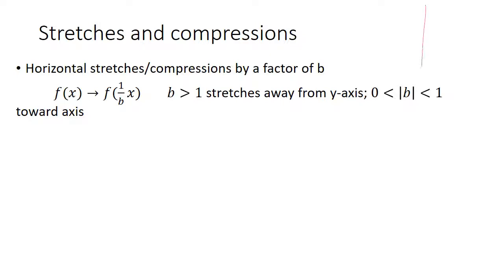So for example, if I had a parabola, and this is linears, but let's do a parabola. If our b was greater than 1, it's going to come out wider. And if our b is less than 1, it's going to come in narrower, horizontally.